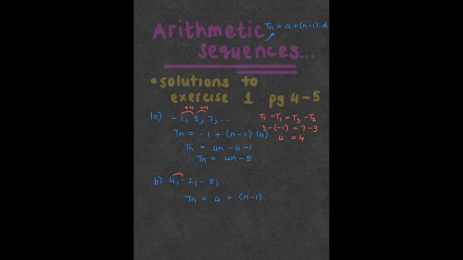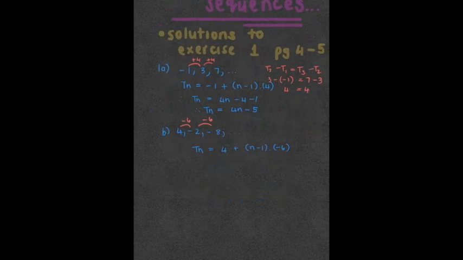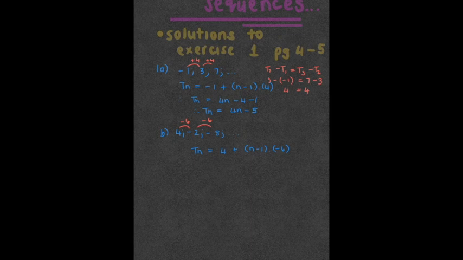You can go term 2 minus term 1 equals term 3 minus term 2, but when it's really easy and obvious to see what that constant first difference is, let's save a little bit of time. We see that we have a constant first difference of -6. And that's your answer for b. Isn't this easy?